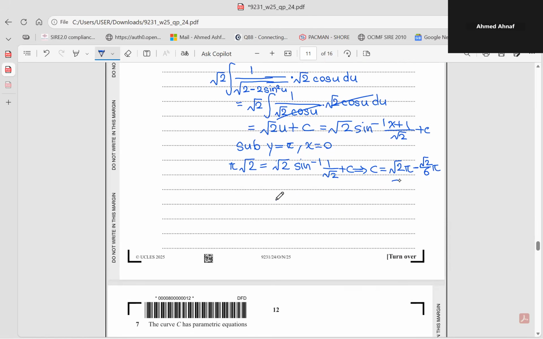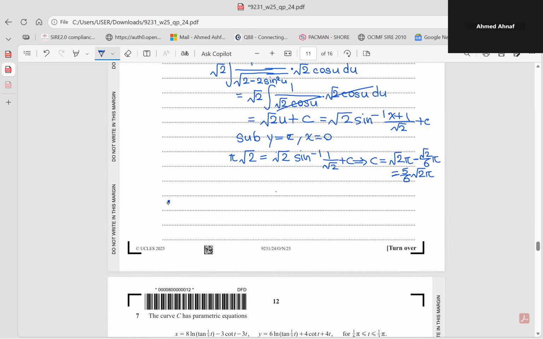So therefore c is 1 minus 1 over 6. Yeah, 5 over 6 square root 2 pi. So this is c.